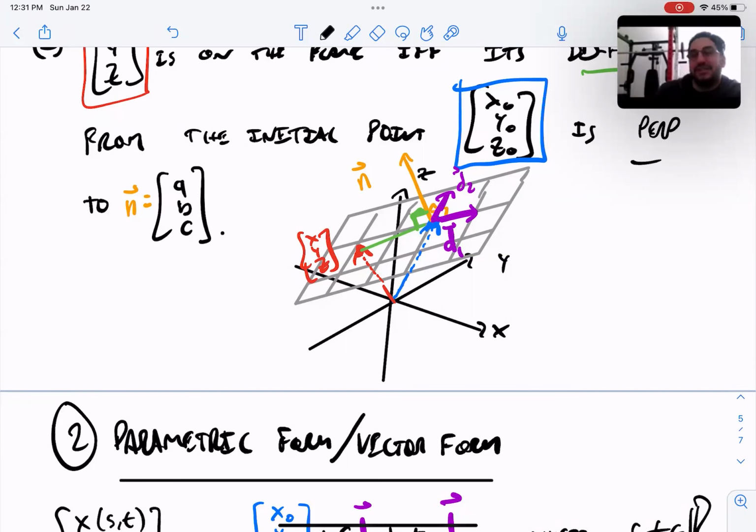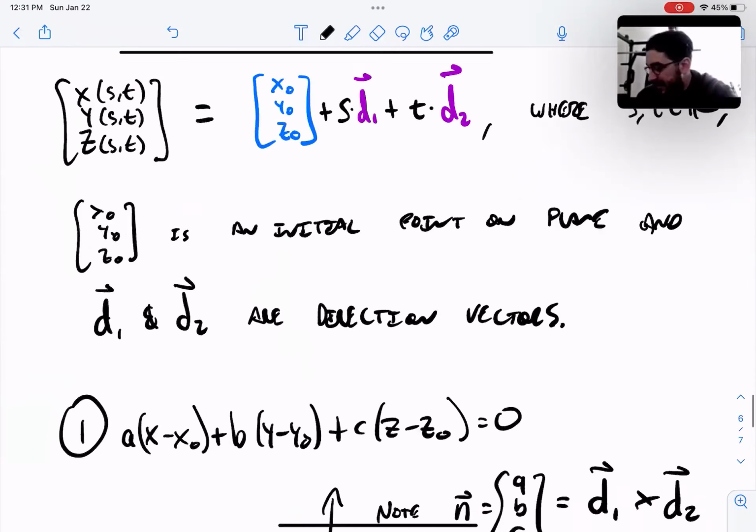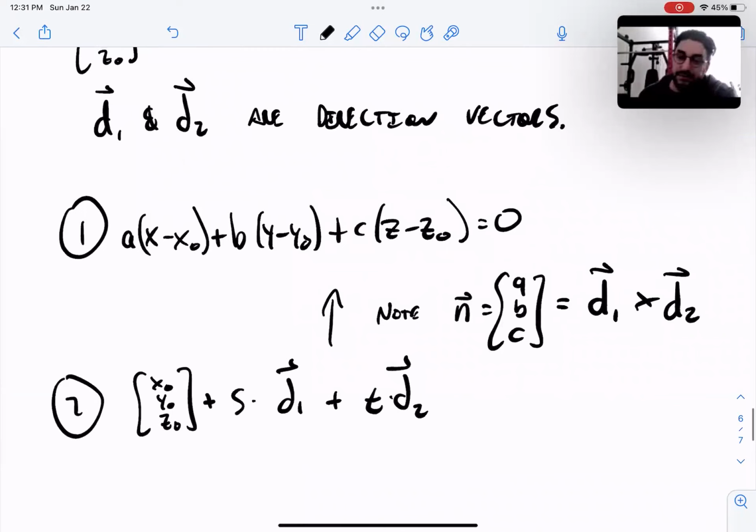Put your fingertips along D1 and curl them towards D2, and your thumb points up in the direction of N. So the cross product is what lets you go from those direction vectors to the normal vector. Once you have the normal vector, that's your ABC.